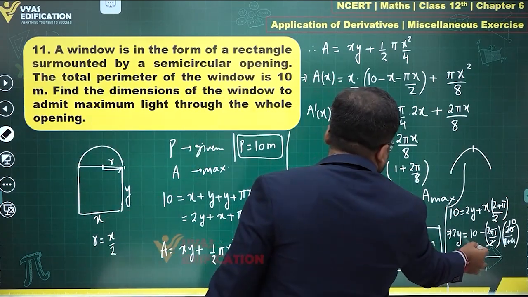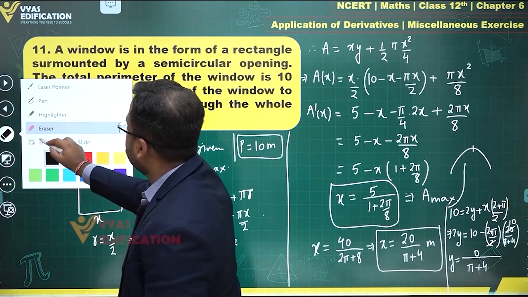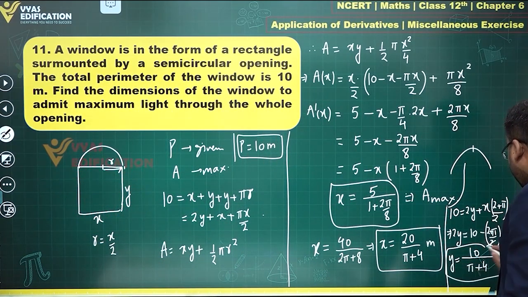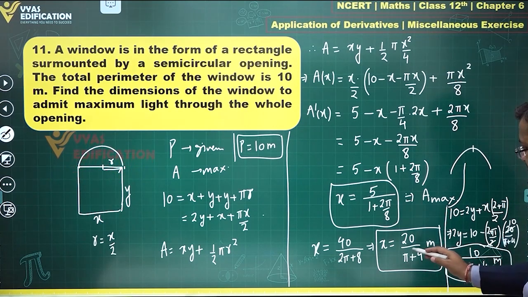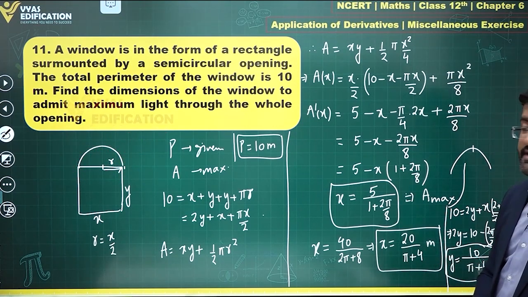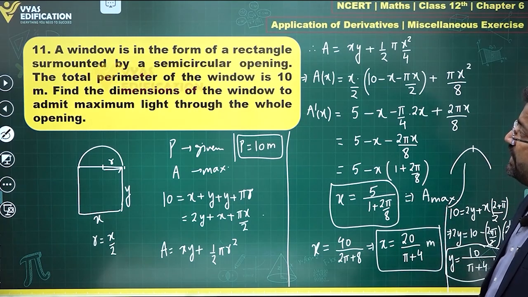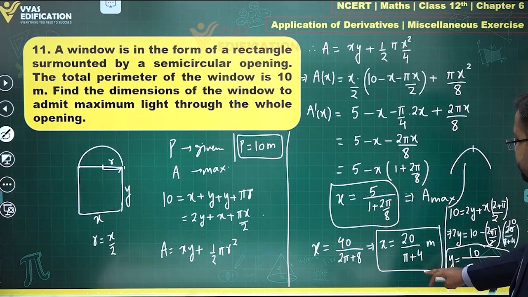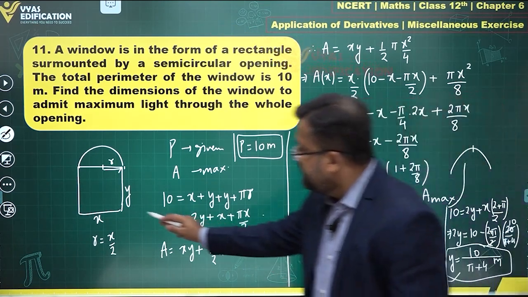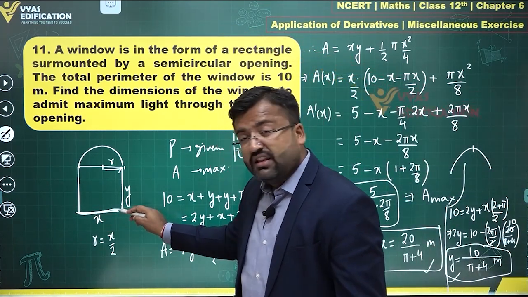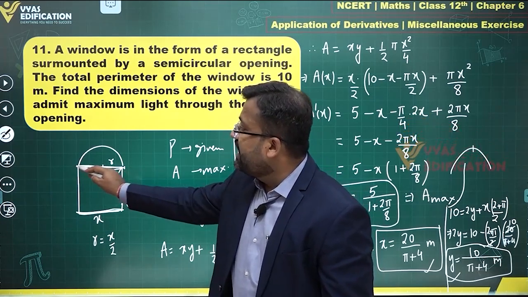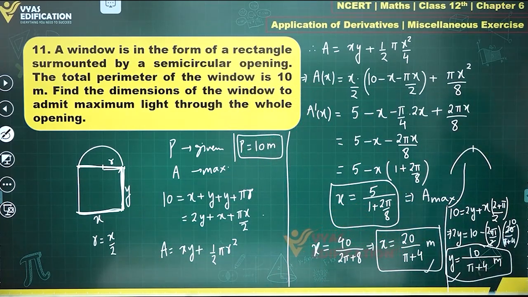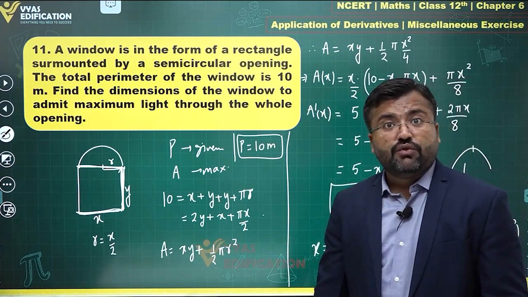That will be my final answer for this question. x equals 20 upon pi plus 4 and y equals 10 upon pi plus 4. Those are the dimensions of the window to admit maximum light through the whole opening. x is the width, which is the diameter of the semicircular opening as well, and the height of the rectangular part will be 10 upon pi plus 4. That's the final answer for this question.